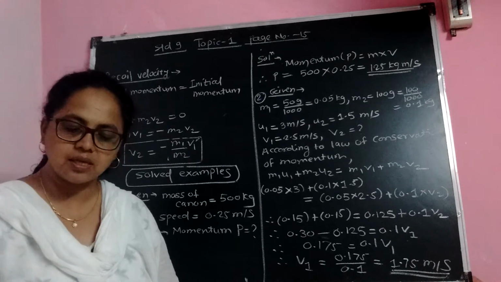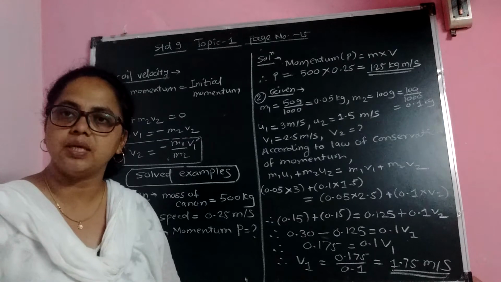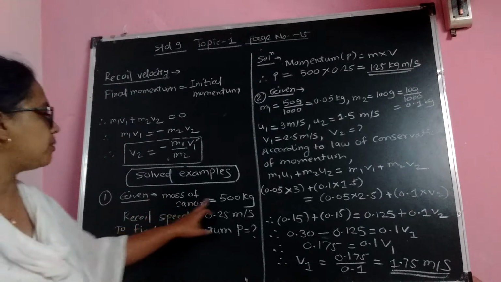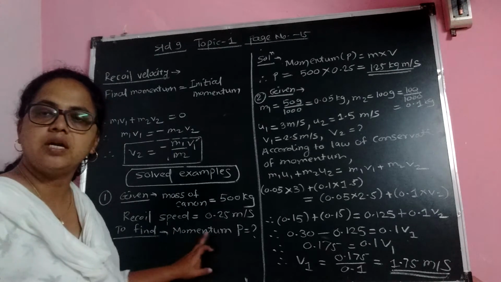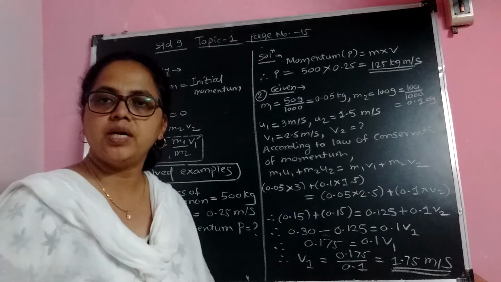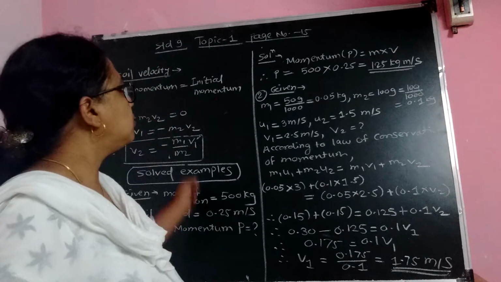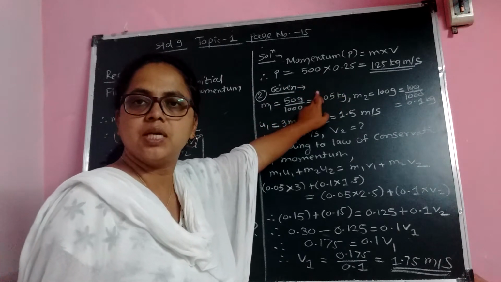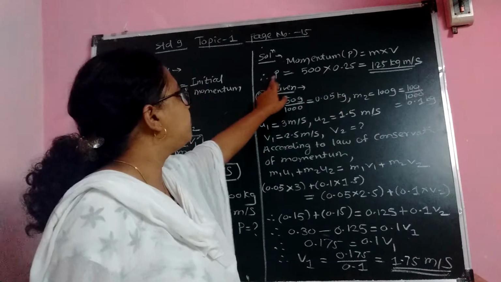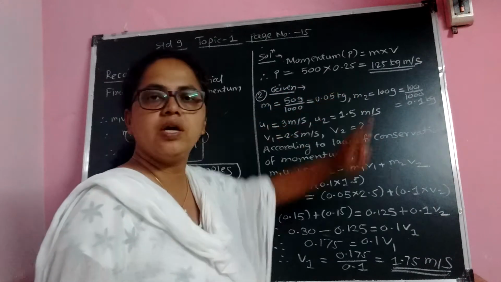Here mass is given, speed is given, and you have to find the momentum, that is capital P. To derive the momentum, we know the formula: momentum is equal to mass into velocity. Put the values: P is equal to 500 into 0.25. Finally you will get 125.